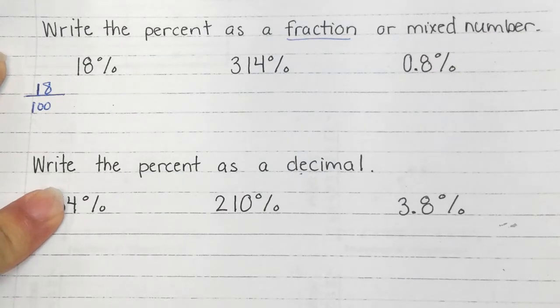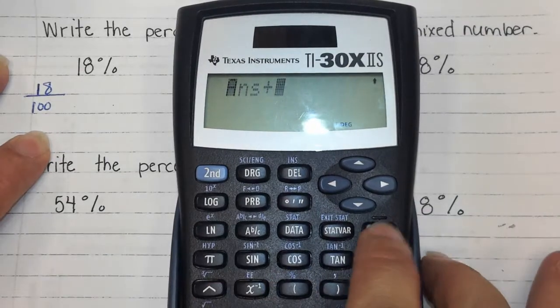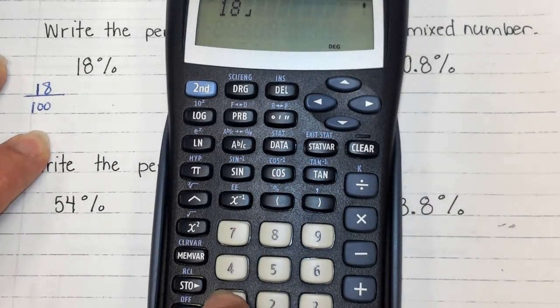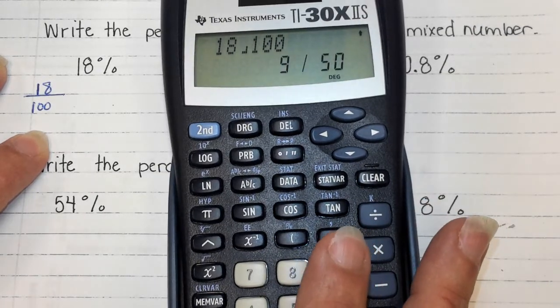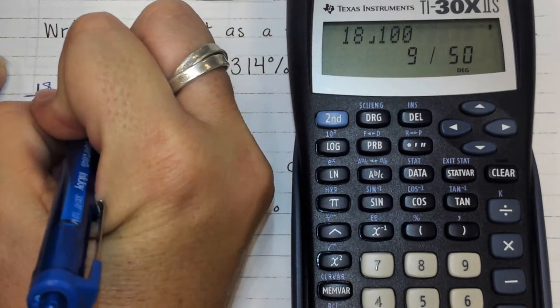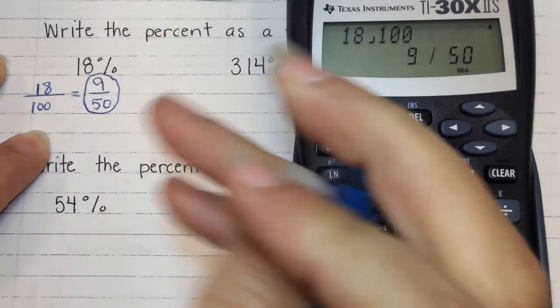So the only thing I have to do is simplify it. Now, I can do the simplifying in my head and divide by 2, or I could do 18 ABC 100 equals 9/50. So it's kind of a way to double check your math also. Okay? And that is our fraction in simplest form.